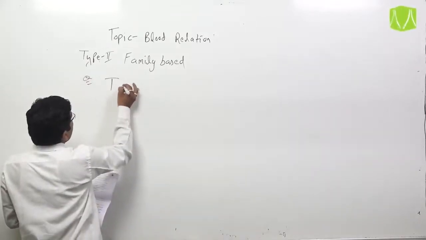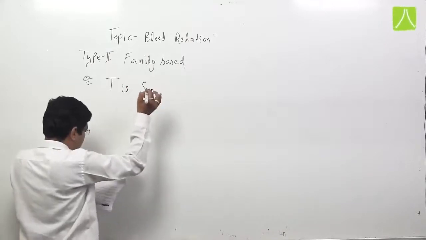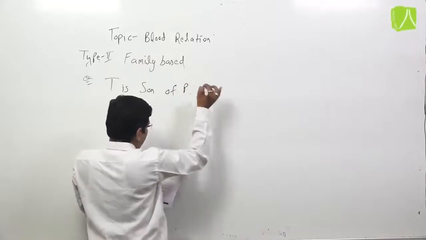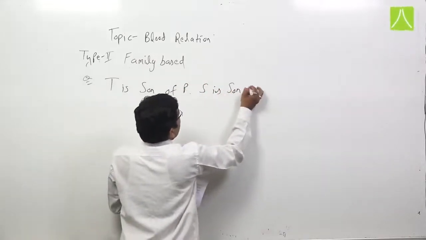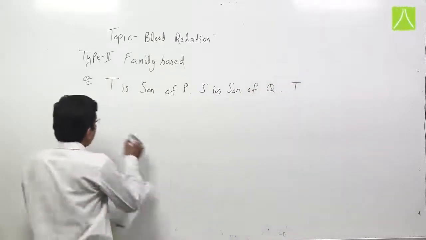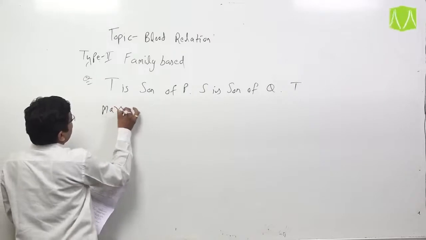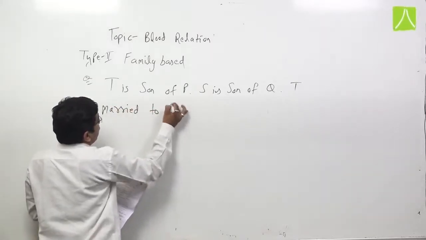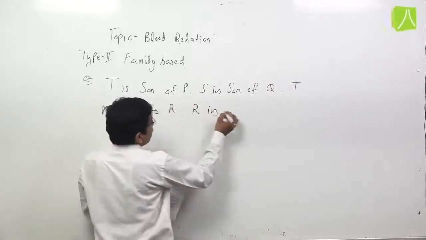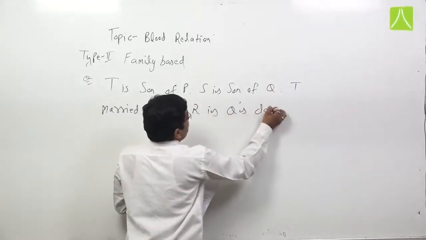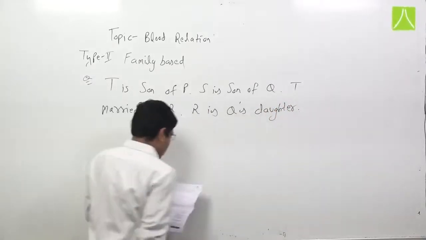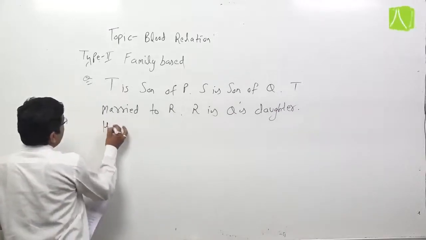Suppose T is son of P, S is son of Q, T married to R, R is Q's daughter. Question is, how is S related to T?